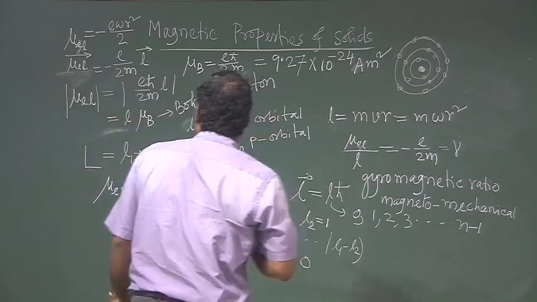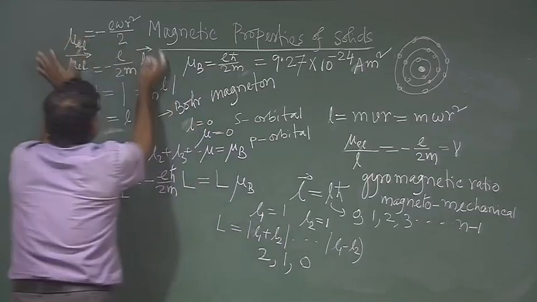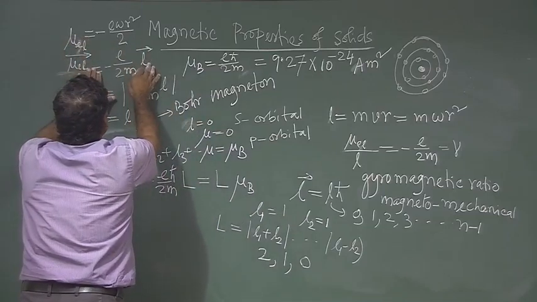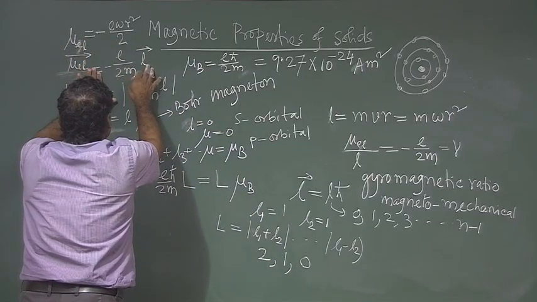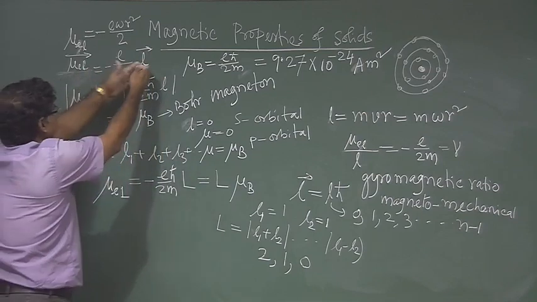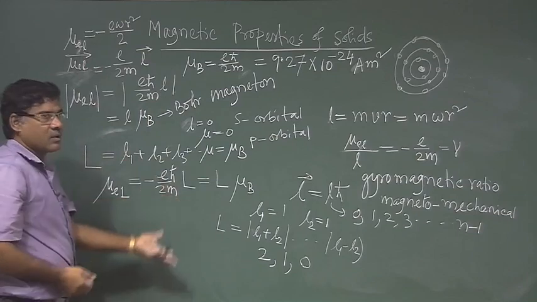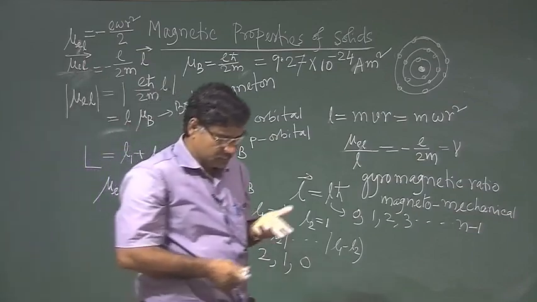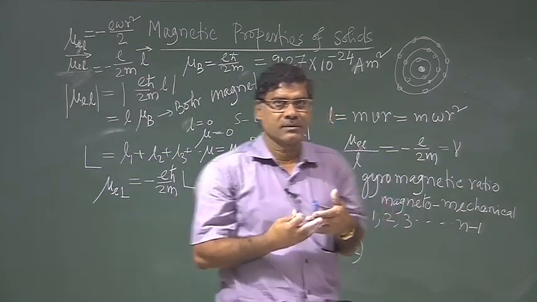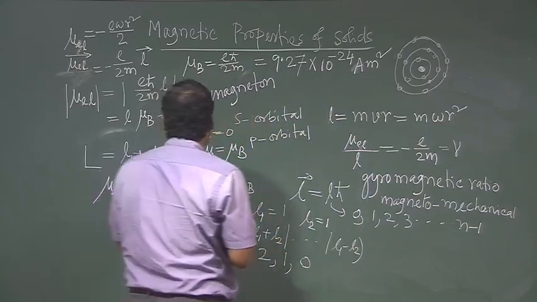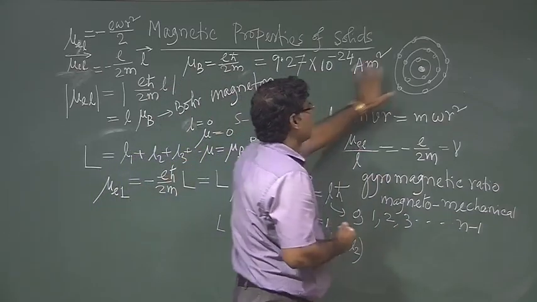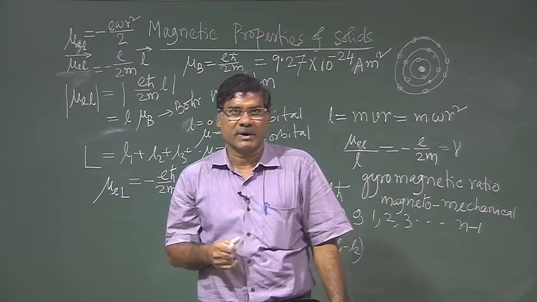Okay. So whatever relation we have used for one electron is valid for the total, for this atom also, where we will get the resultant angular momentum.